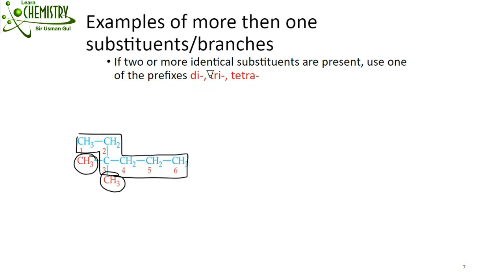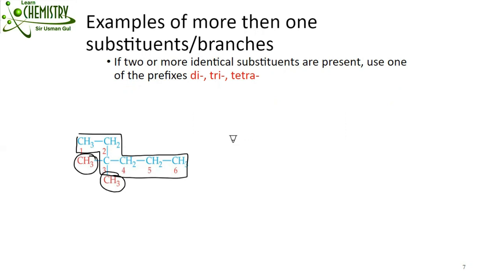If two or more identical substituents are present, use one of these prefixes, that is di. Remember that when we have two identical, we use di. For three identical, we use tri, and for four identical, we use tetra. Now I will give the name to this compound.